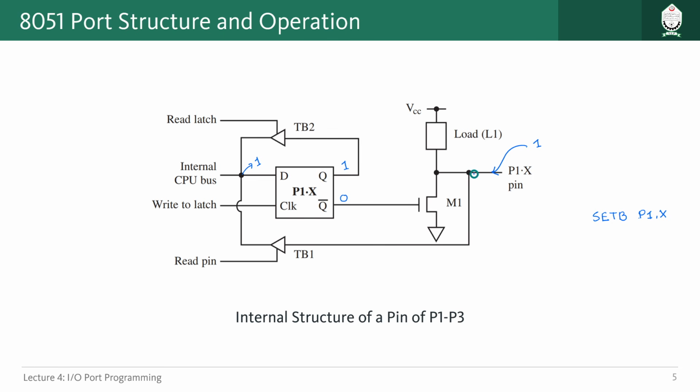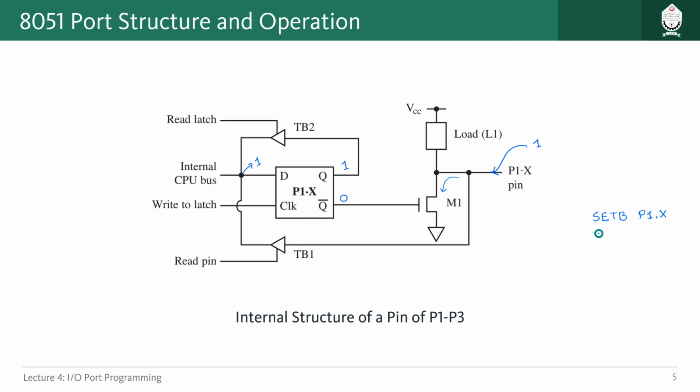This logic 1 will go through this path and it will reach here. Nothing will go in this path because it is open, and because this is already VCC and we are providing logic 1, which is almost equal to VCC, there will be no conflict here, and the signal will go through this path, right?